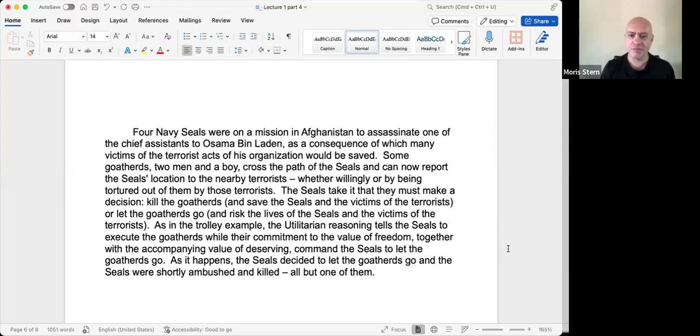As in the trolley example, the utilitarian reasoning tells the SEALs to execute the goatherds, while their commitment to the value of freedom, together with the accompanying value of deserving, command the SEALs to let the goatherds go. As it happens, the SEALs decided to let the goatherds go, and the SEALs were shortly ambushed and killed, all but one of them.